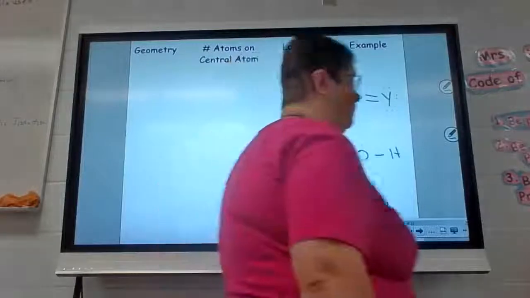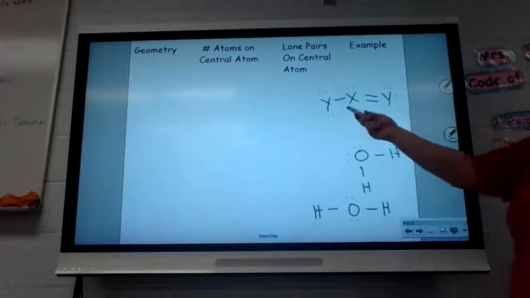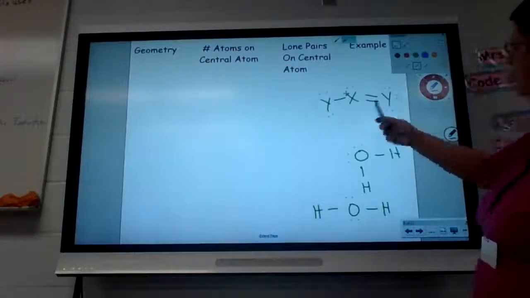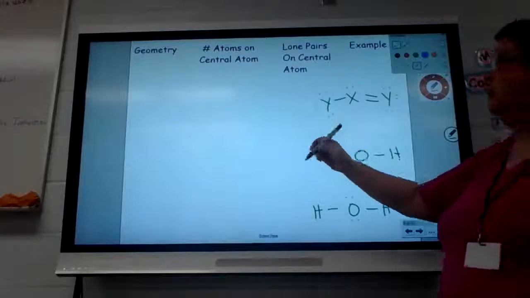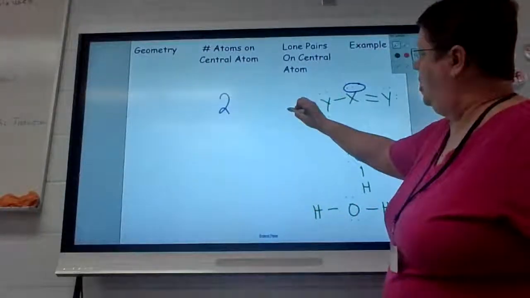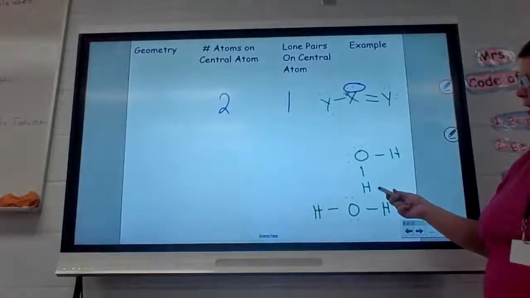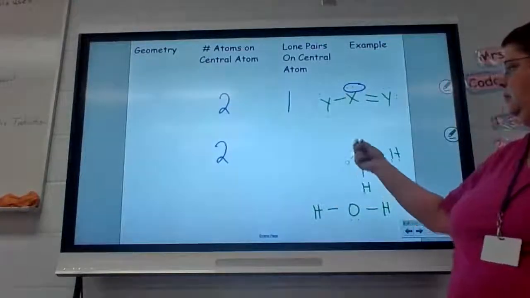All right. In the top one, what can you tell me about the number of atoms that are hanging off? How many Y's are hanging off the X? And how many lone pairs? All right. How many H's are hanging off water? How many lone pairs are hanging off?